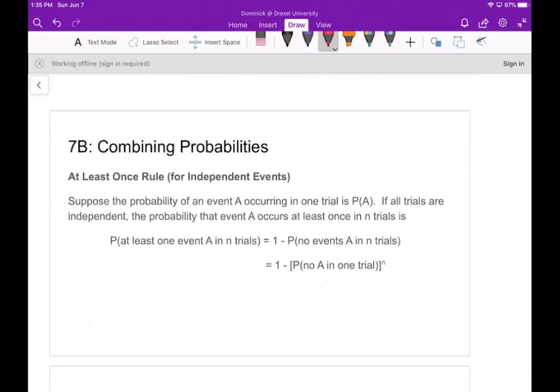Now, the last type of probability that we'll discuss in this section is when we want to find the at least once rule, right? And this will work for independent events. Now, suppose that the probability of an event occurring in one trial is P of A. Now, if all trials are independent, then the probability that the event occurs at least one time in N trials is 1 minus the probability that no events happen in N trials, right?